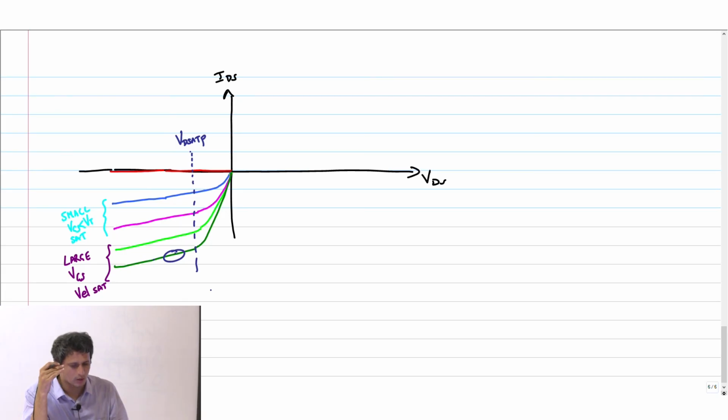This one is VDSAT, because at the saturation value the current is saturating. So you look at the corresponding currents for the NMOS transistor that I draw here.